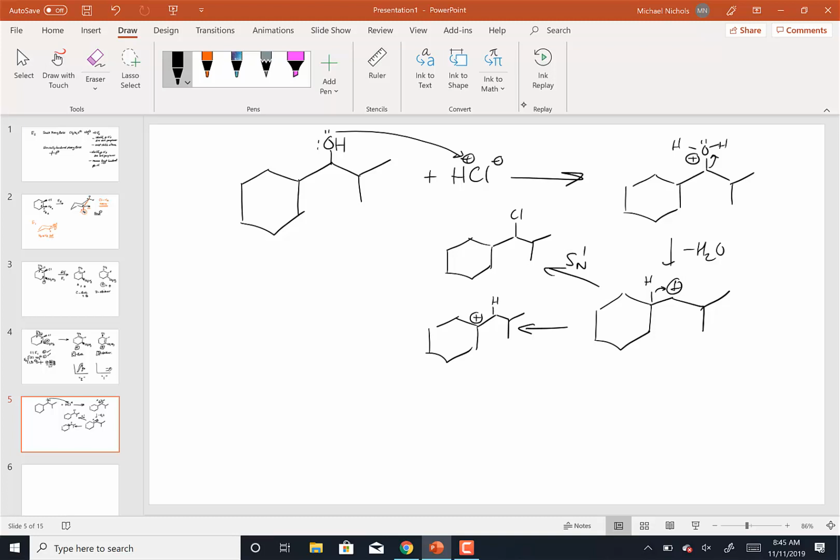The first question I would ask is, is that a legitimate rearrangement? Am I forming a more stable carbocation? Yes. So then what happens with that carbocation? It could undergo SN1, so I could end up with the chloride there.